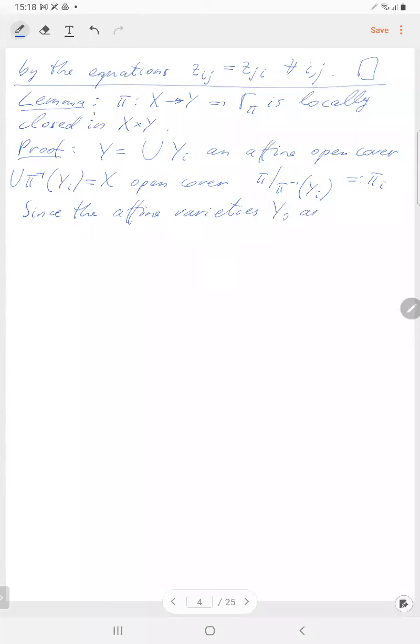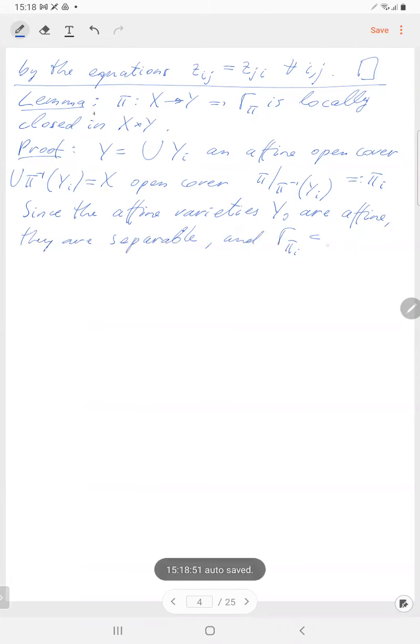So those are affine. They're separable. And the graphs of pi_i inside, well, maybe I should call it X_i times Y_i, are closed.